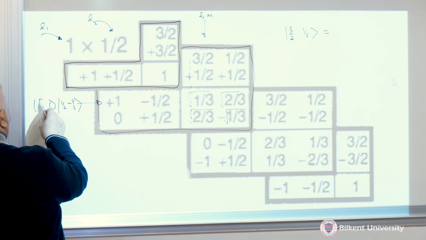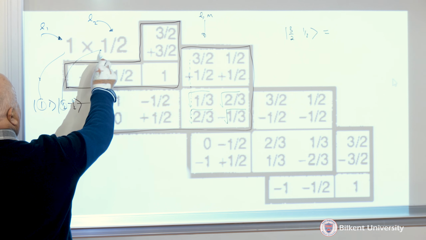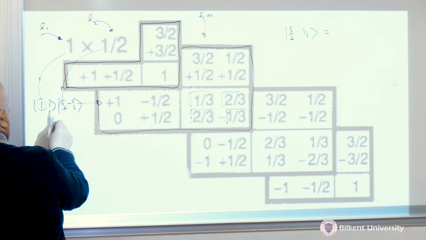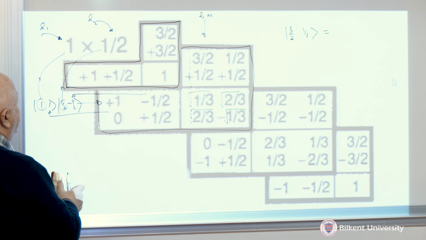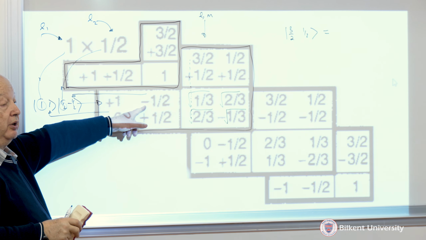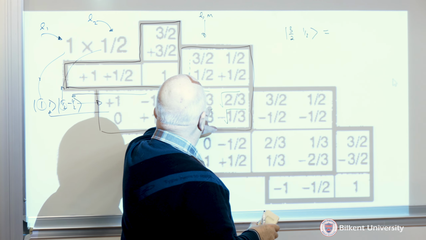So this 1 comes from there, this 1/2 comes from there, this one is that one, and that minus a half is that one. So these are the M values, and these are the associated coefficients.